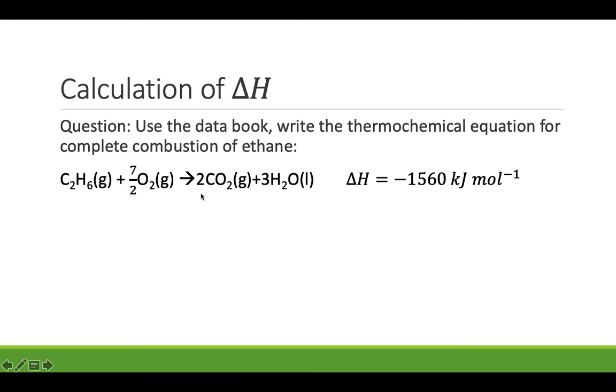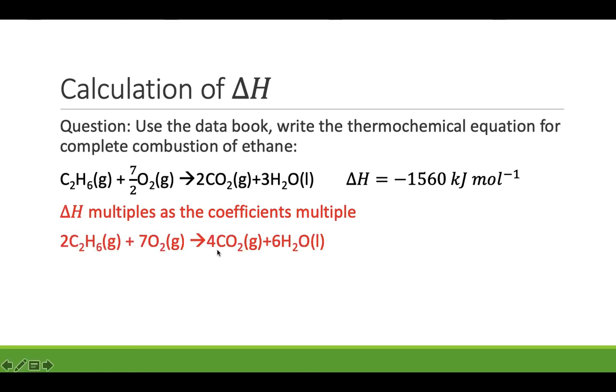That is normally permitted when you are writing a combustion reaction, or we say when you are using delta H values from your data book. Right? So what if I have written it as in this equation? Well, as we've said, you simply need to multiply the delta H value by 2.